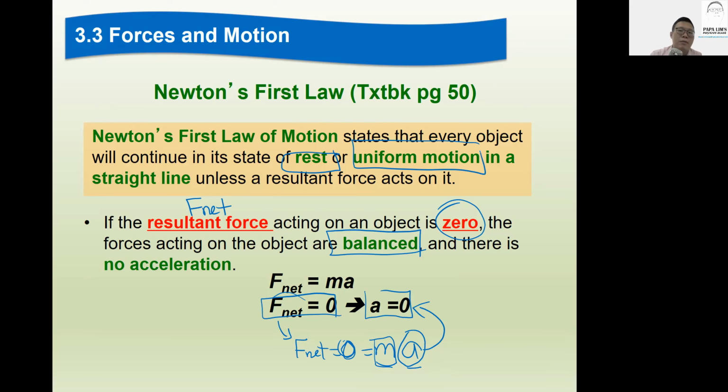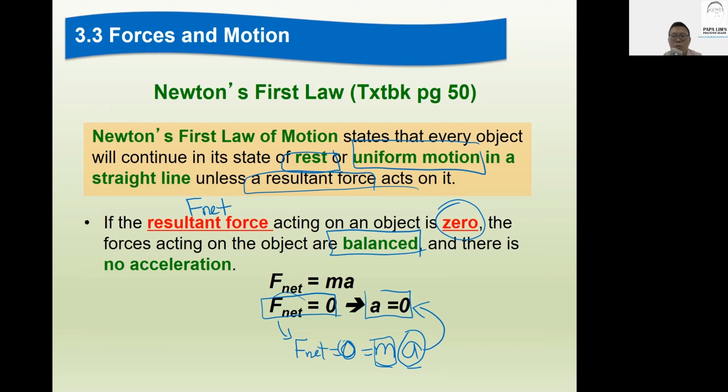Be it at rest just now, it will still be at rest later on. If it is moving just now, it will still continue to move at the same speed, unless a resultant force acts on the object. So if no resultant force acts on the object, it will always continue its last motion.